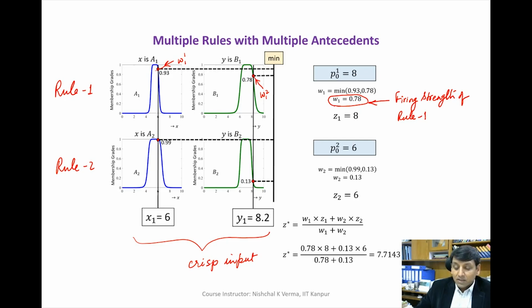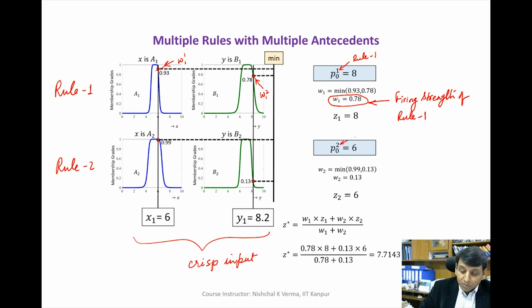This is 0.78. Now P01 we already have as 8. This is a constant value, so we write it as P0, and 1 is written for rule number 1.